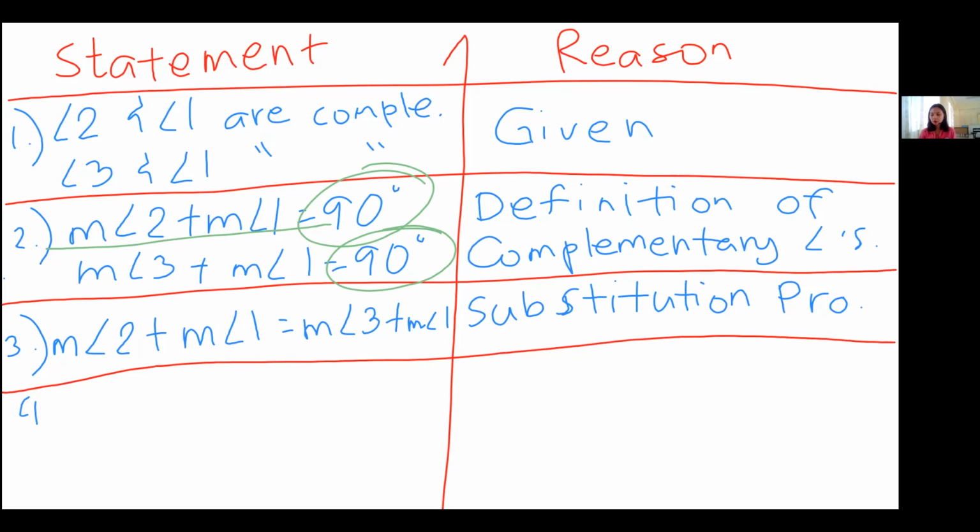For our number 4 naman po, we can say na si measurement of angle 2 is equal to the measurement of angle 3. Ayan. So, if we're going to recall the properties, pwede naman pong tignan si properties. Okay? So, si properties po ay by the subtraction property po.